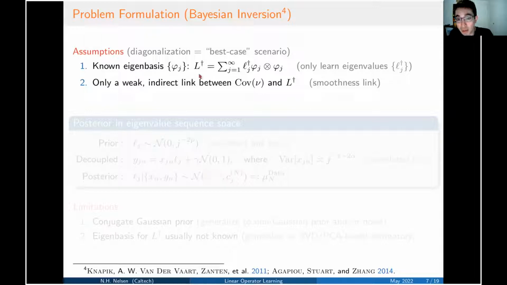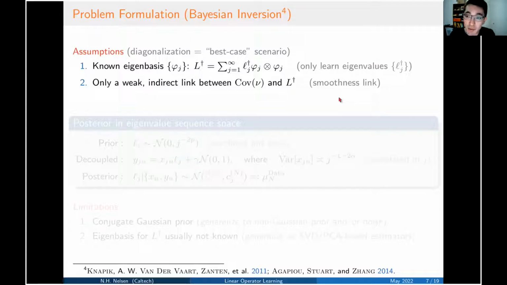So we assume that L dagger is given as a diagonal series expansion in some basis. Then the only uncertain part of the operator is its eigenvalues, so we're reducing this operator learning problem into an eigenvalue learning problem.